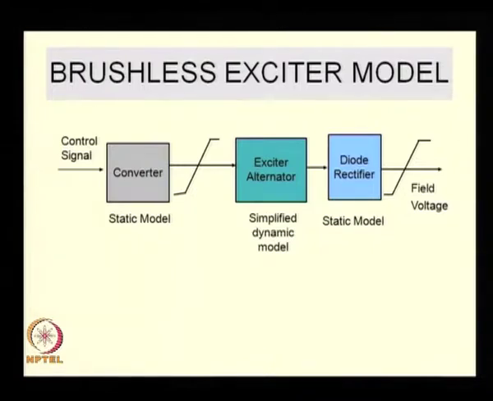The output voltage to the field cannot go negative, so there is a limit associated with that. The control rectifier associated with the brushless excitation system is modeled in a similar way to a static excitation system. That is, it is a static model with limits. That is given on the left hand side.